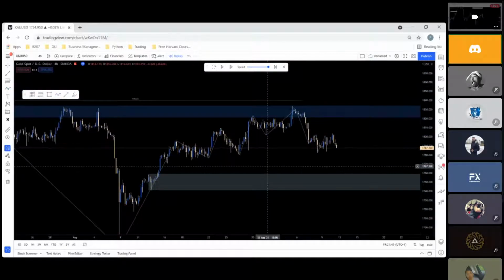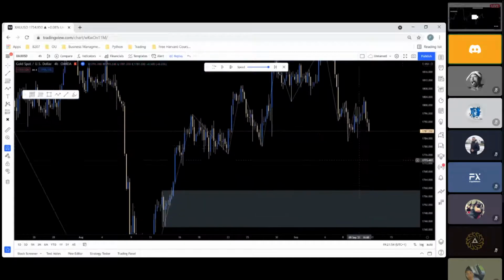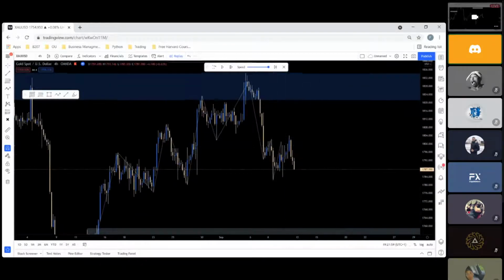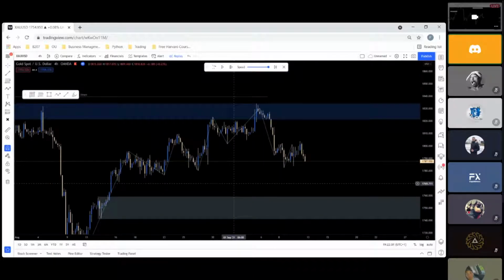I'm not necessarily using swing points when looking at order flow. I mean, this might be right or wrong to do, I'm not too sure, but it's just what I've used. So I follow the highs and the lows because it's not all necessarily swing points, and just see what structure's doing.